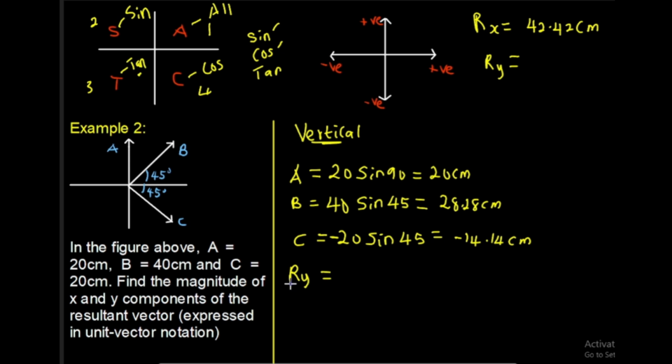So now we add up everything together to get our resultant for the vertical component. So say resultant for vertical component, that will give us 20 plus 28.28 plus this one is minus 14.14.